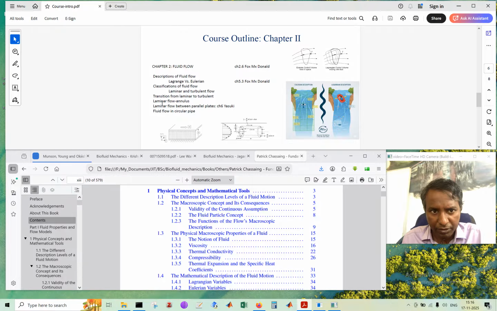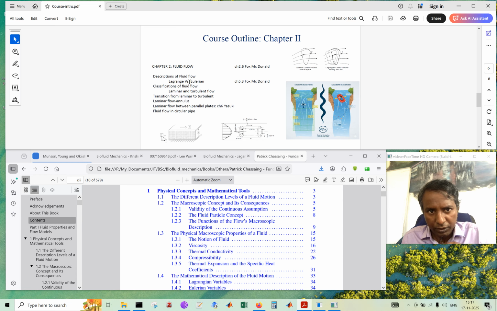After that, we look into the flow within circular pipes, like shown here, and flow between parallel plates. It's also called Couette flow, and then flow between two concentric circular pipes.